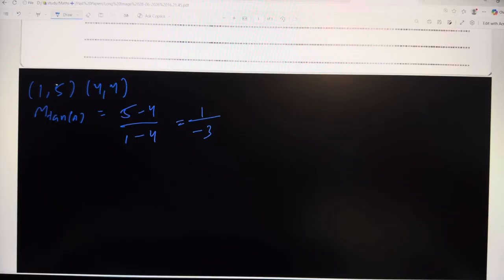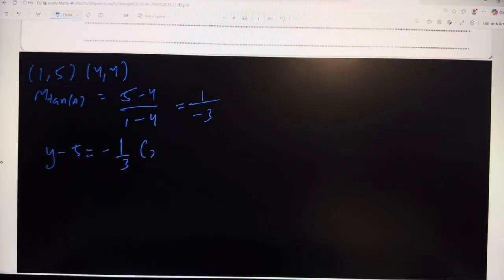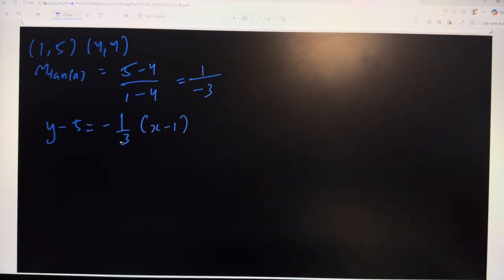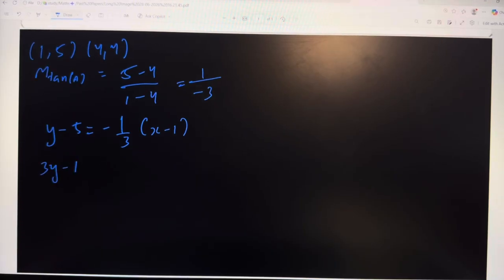So we can use 1, 5. So this becomes y minus y1 is equal to m times x minus x1. So just solve this, and take the 3 here, so this becomes 3y minus 15 is equal to minus x plus 1.